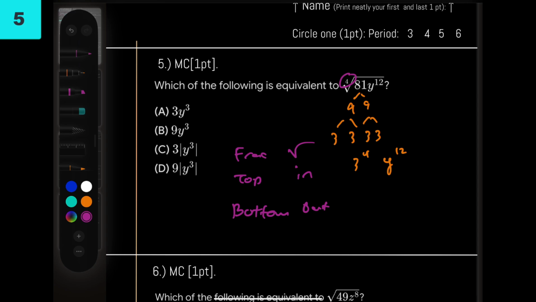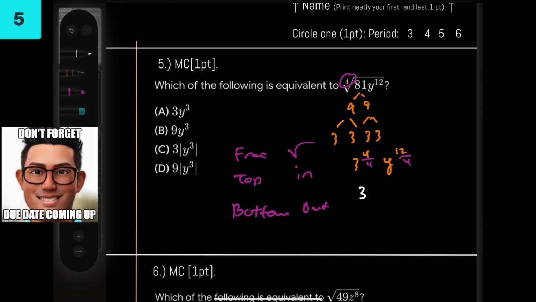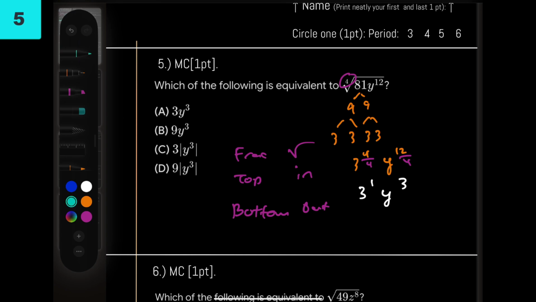So that 4 on the outside of the radical is going to become the bottom of my fraction. So it'll become 3 to the 1st and then y to the 3rd. Okay, so now I have to go through EVO. Is this an even? Yes. Is there a variable? Yes, it's a variable. And you have an odd out, that is true. So that basically means you're going to put that in absolute values, and that would be choice C.